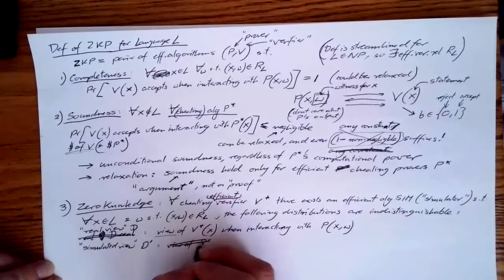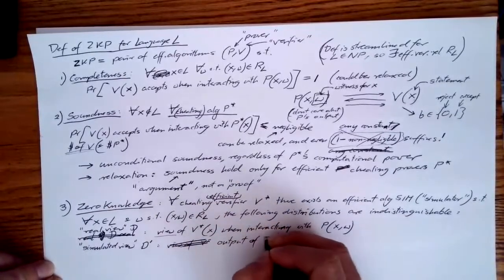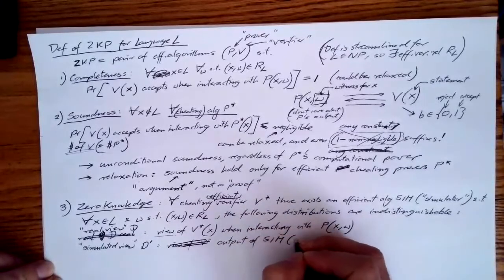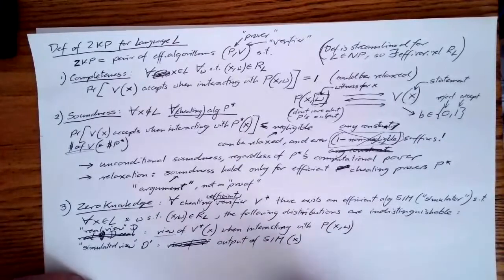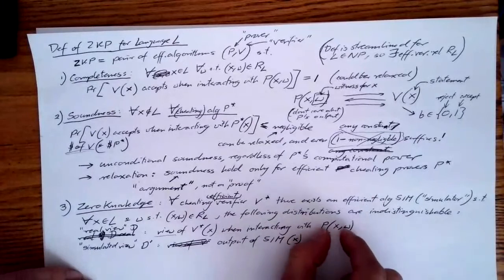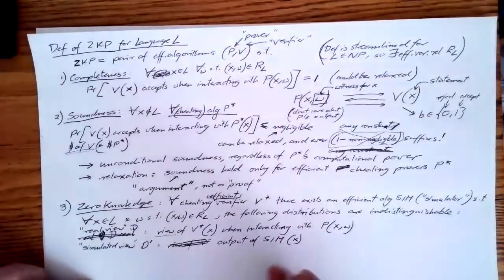Oh, sorry. You know what? Just the output of SIM on input X. Okay, so in other words, this is a real execution, and this is this alternative algorithm, like the one who, instead of encrypting the witness, encrypts a 0 or a random string because it does not have the witness.